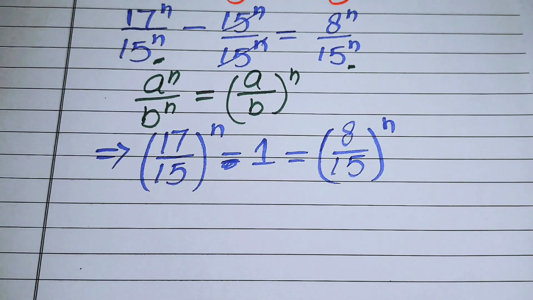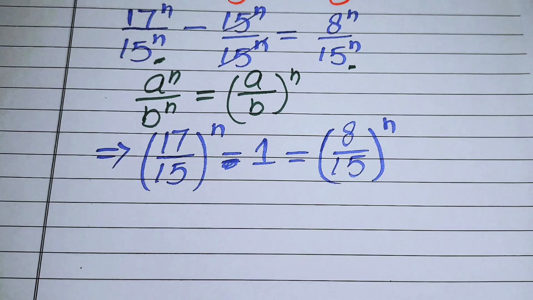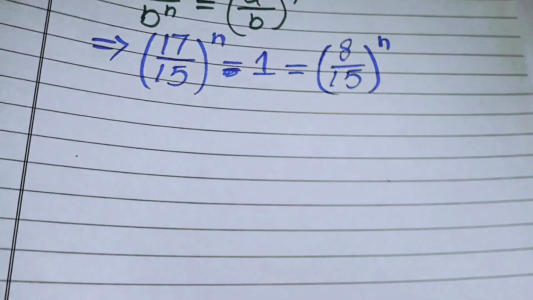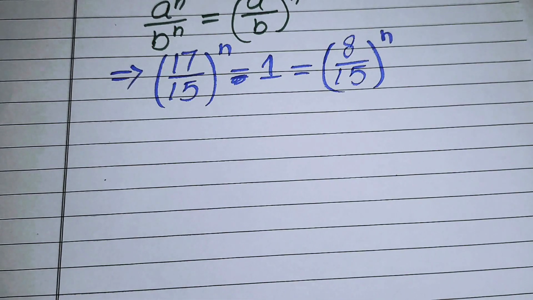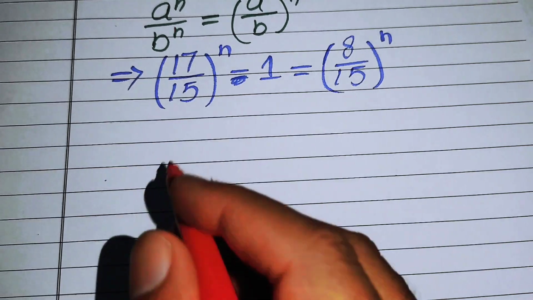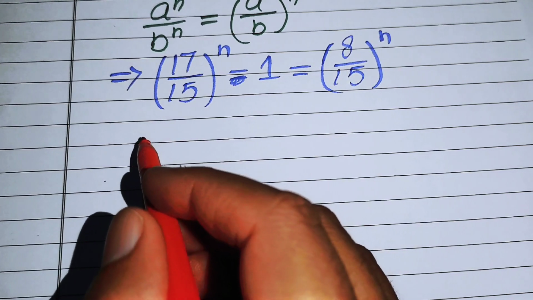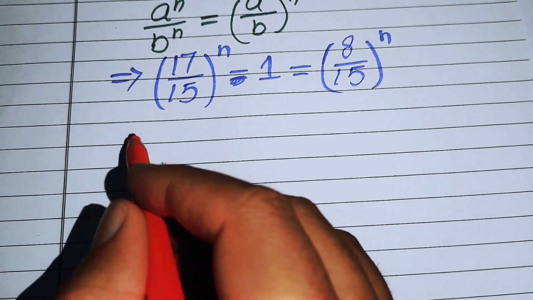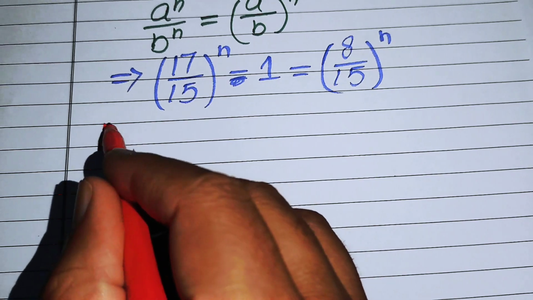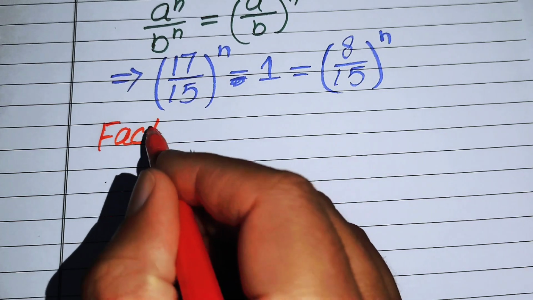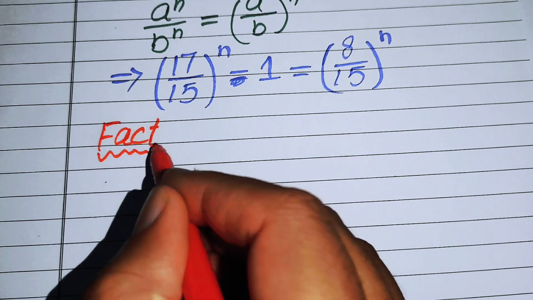In the next step we will use a nice fact about increasing functions and decreasing functions. To move forward, I can first introduce a little bit the important fact which is helpful to solve this problem.